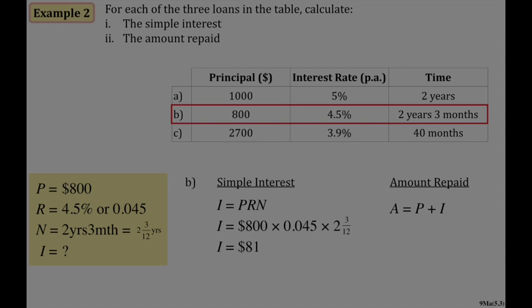Well, you're going to have to pay back what you borrowed as well as the interest that was charged. So you've got to pay back the $800 plus the $81 that you were charged in interest, which means altogether for this loan you're going to pay back $881. Well, let's go and look now at part C.